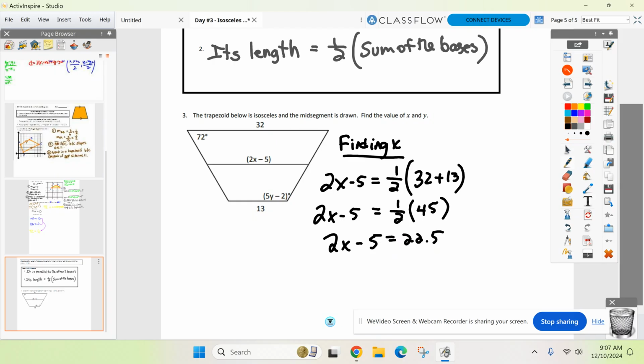It happens at times in math. 13.75. Does 13.75 look good? You add 5 and divide by 2.